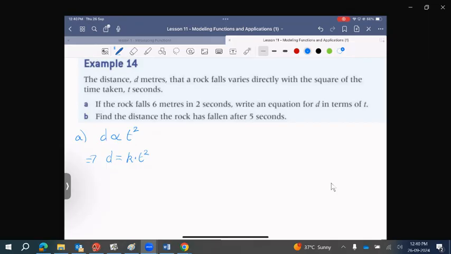If we enter this coordinate, we've got (2, 6) as a value. So 6 is going to equal k times 2 squared. That means k is going to equal 6 over 4, which is 3 over 2, or 1.5.